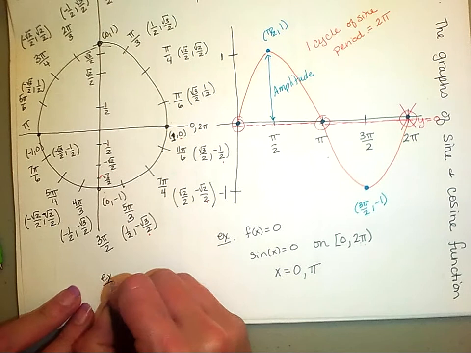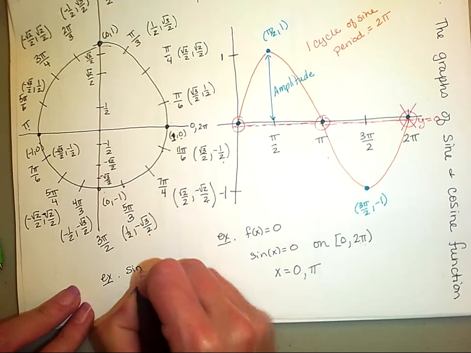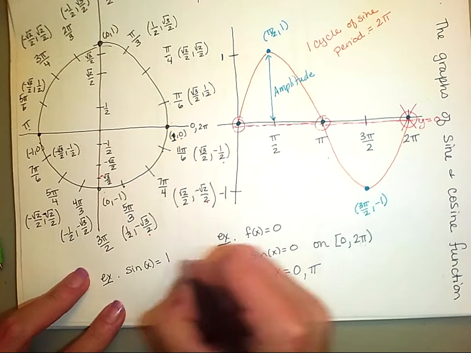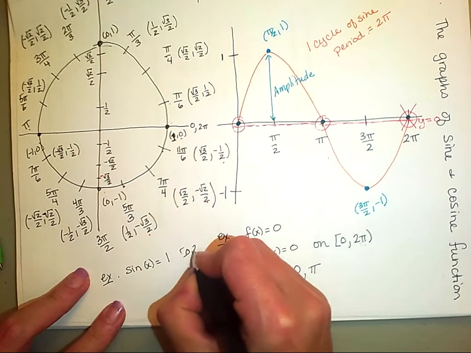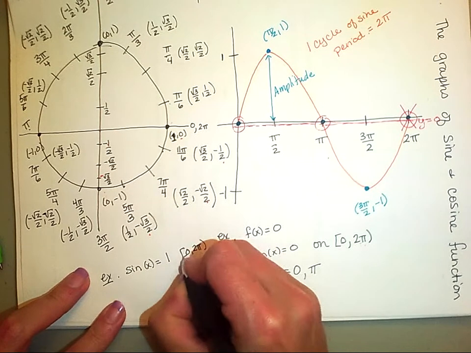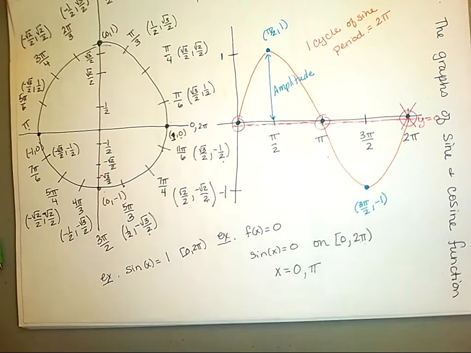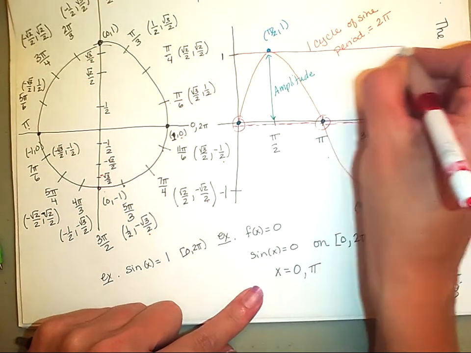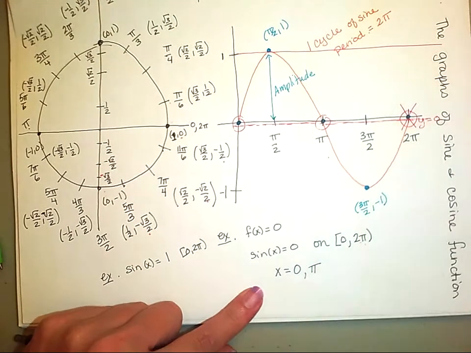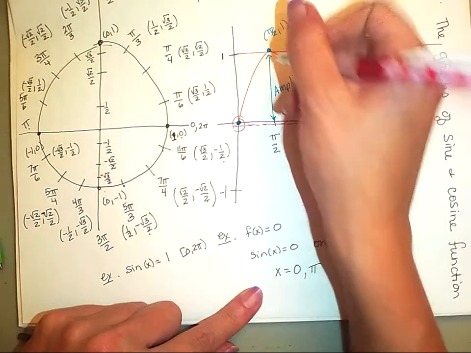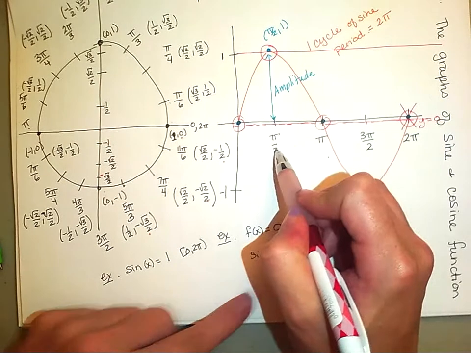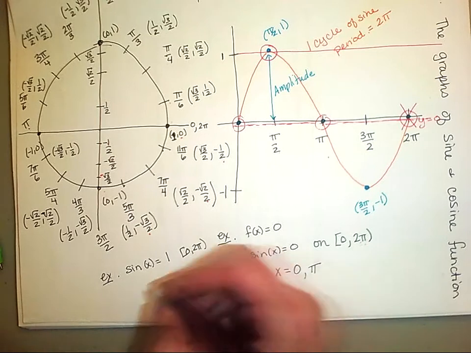Let's do the same thing. Let's solve where the sine of x is equal to 1 on 0 to 2 pi. 2 pi not included. If we do that, here's the line y equals 1. We have only one intersection point. That is here. The angle that corresponds to it is pi over 2.